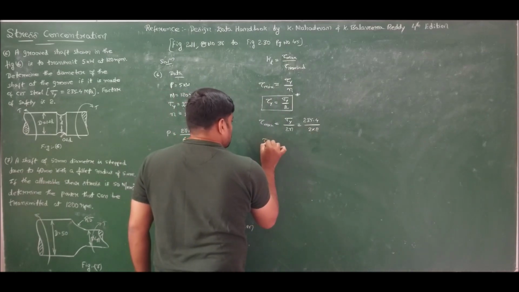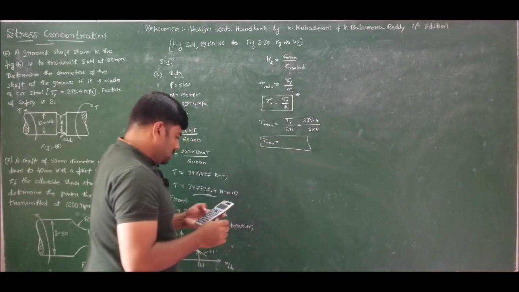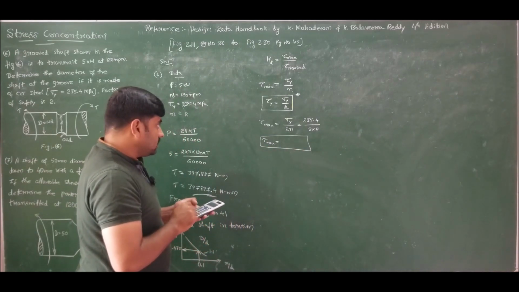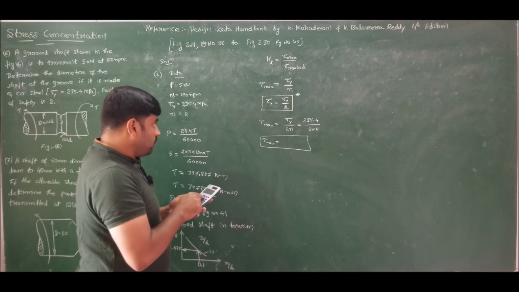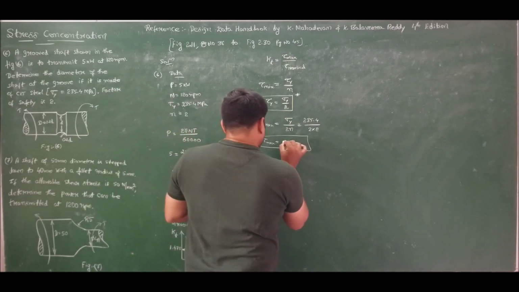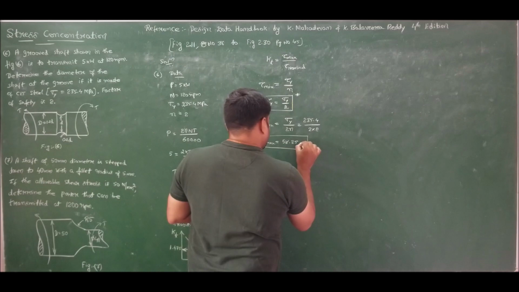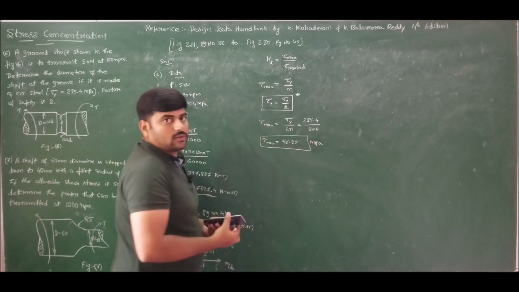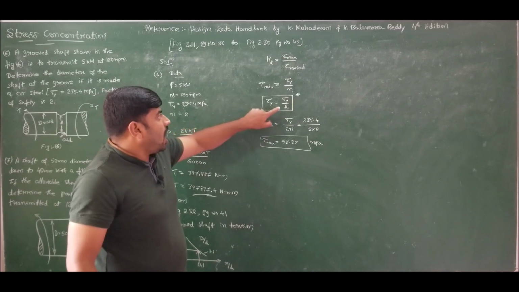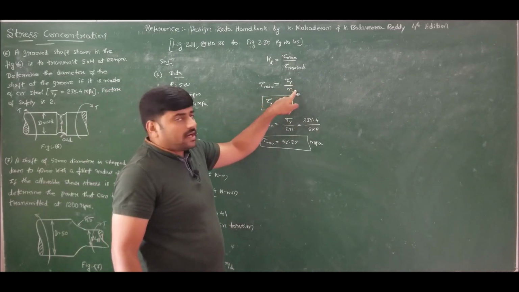Therefore tau max will be 235.4 by 4, which turns out to be 58.85 megapascals. Kindly make a note: tau yield is half of sigma yield, and tau max is tau yield by factor of safety.